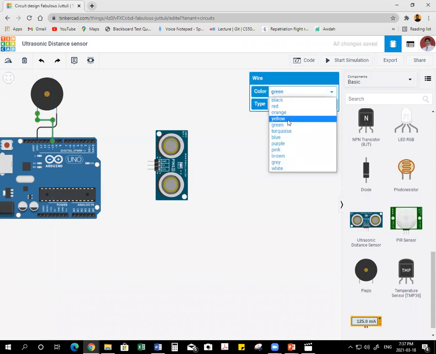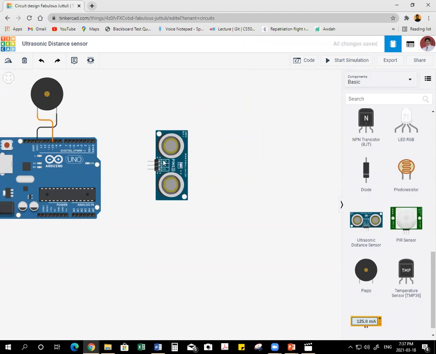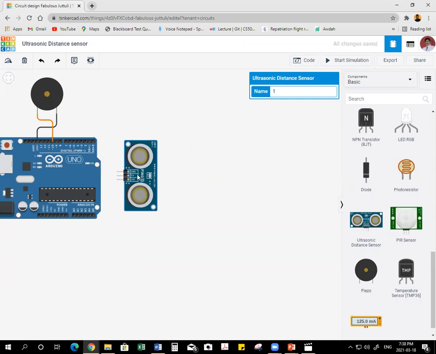I can use orange. Now see, the distance sensor already shows ground, 5-volt supply and signal. It means we must have distance as an input. How much distance it is sensing should be given as an input to the Arduino. So just connect in a very easy manner.